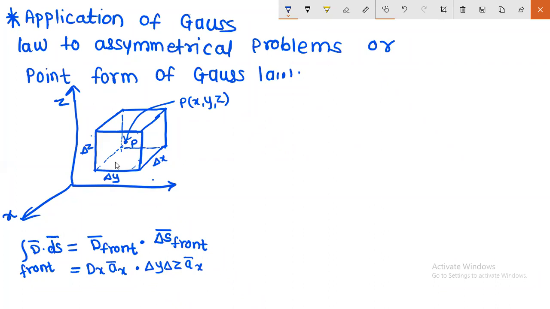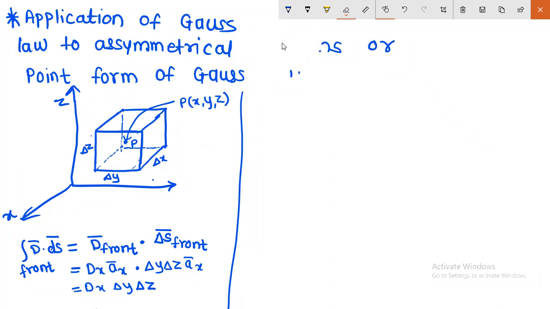Now take the dot product. So a bar x dot a bar x is equal to 1. So it is Dx into delta y and delta z. Do you understand? I'll remove this also.